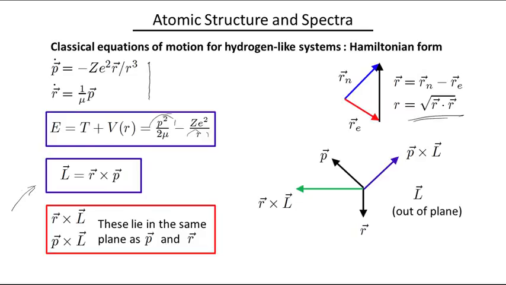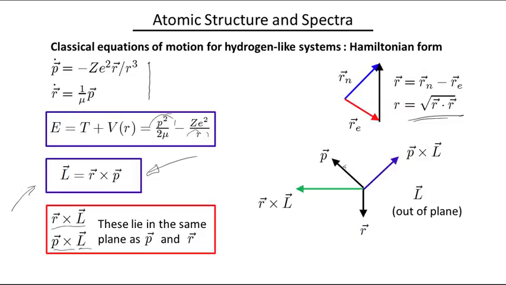Well, what other things do we have to look at? From the value of angular momentum, we know that r and p lie in a plane. So what other independent vectors do we have that might lie in the plane? I think you'll easily see that these two, r cross L and p cross L, both lie in the same plane as r and p.